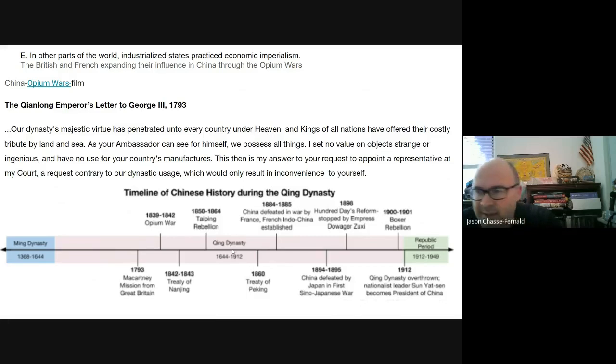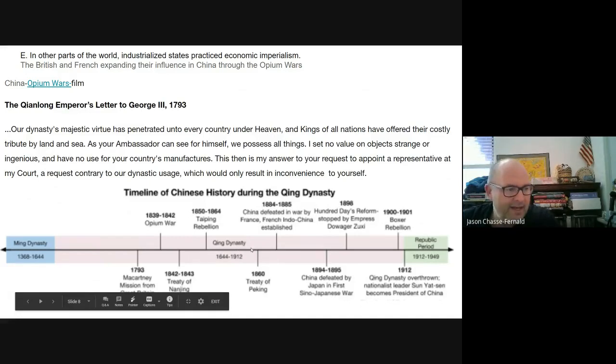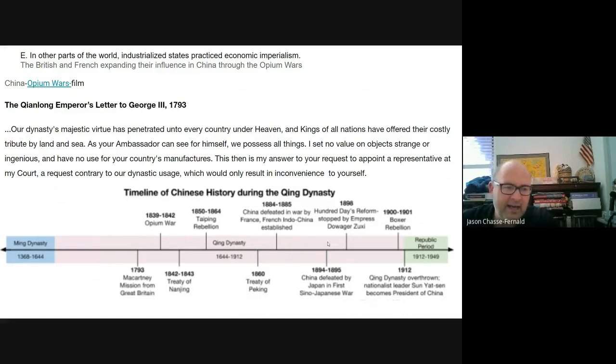So once we get beyond the Taiping Rebellion, this is an interesting time period, because you really have Dowager Empress Cixi. And the way it's spelled in Australia is Cixi. And she's a really interesting case study.